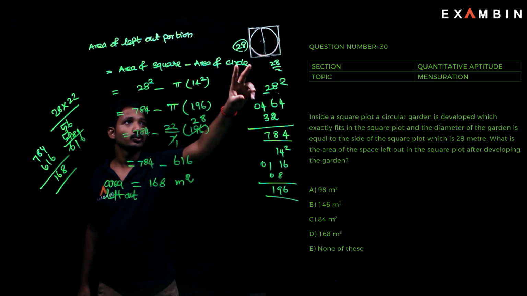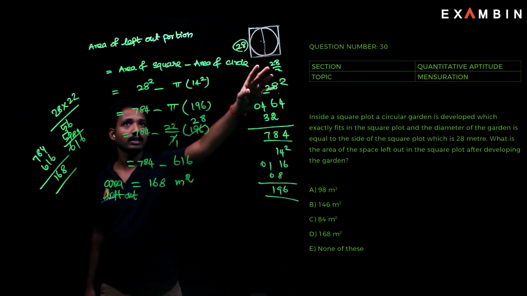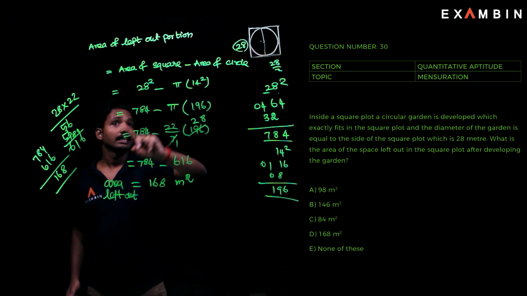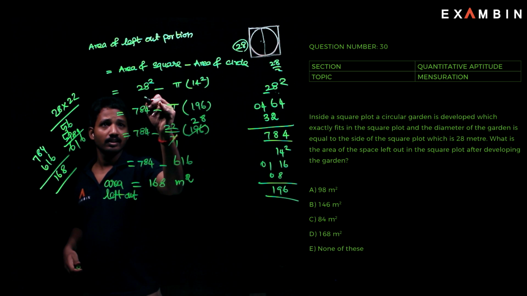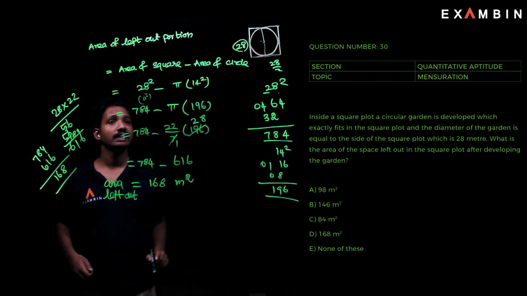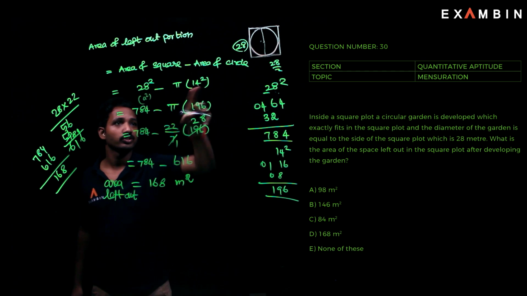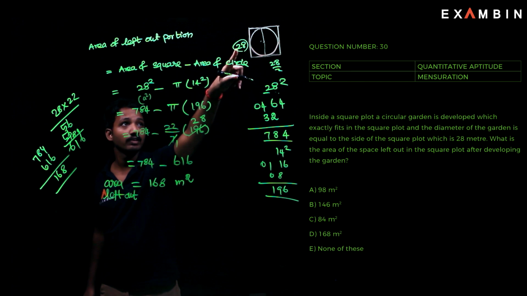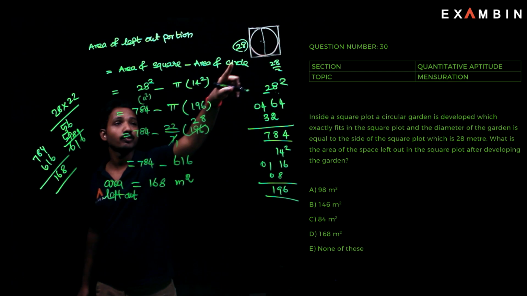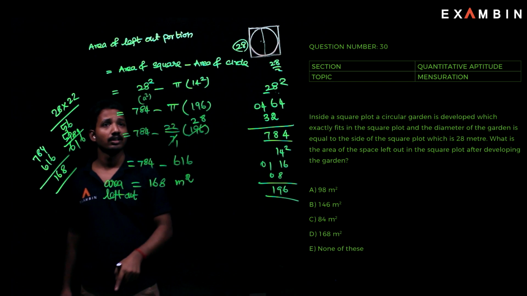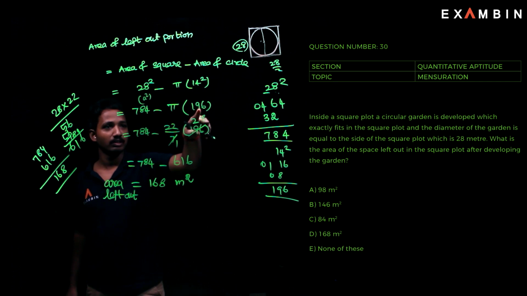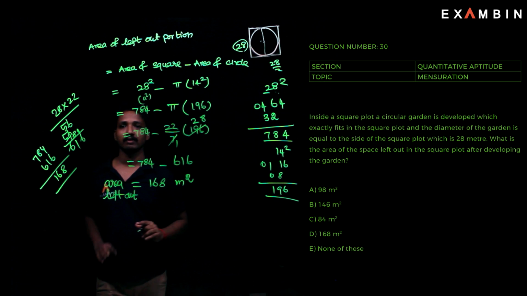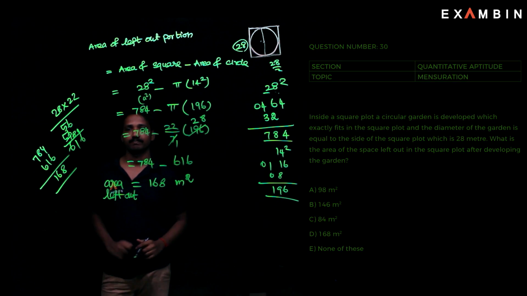After finding these two areas, we deduct the area of the circle from the area of the square. The area of a square is side squared, and here a is 28. The area of a circle is pi r squared. Here the radius is 14 because the diameter is 28. 28 squared is 784, 14 squared is 196. By simplifying this, we get 168. The answer is 168 meter squared.